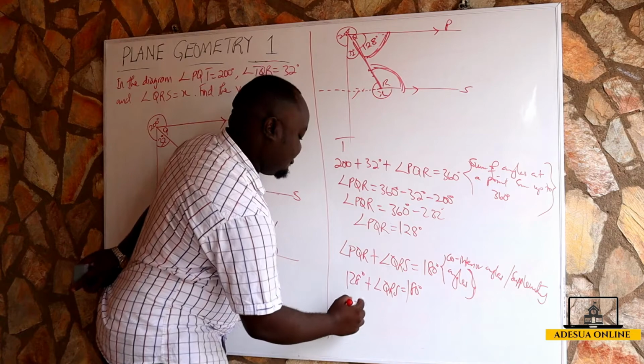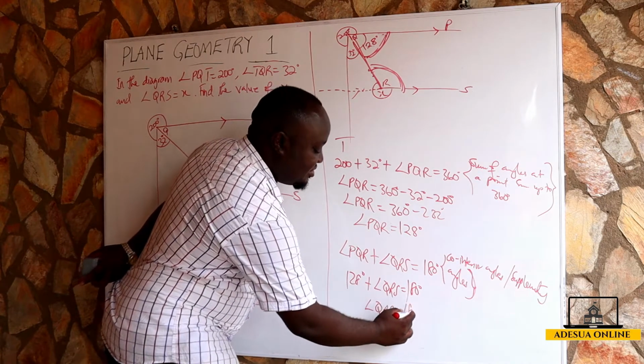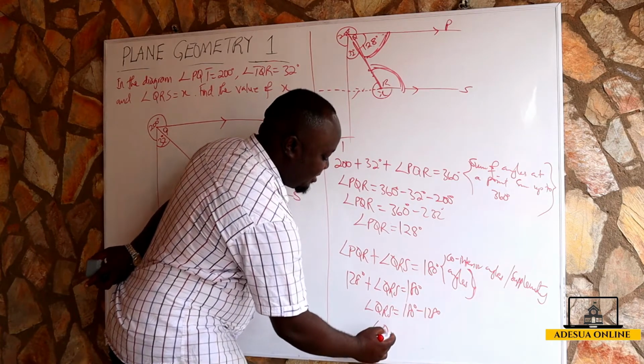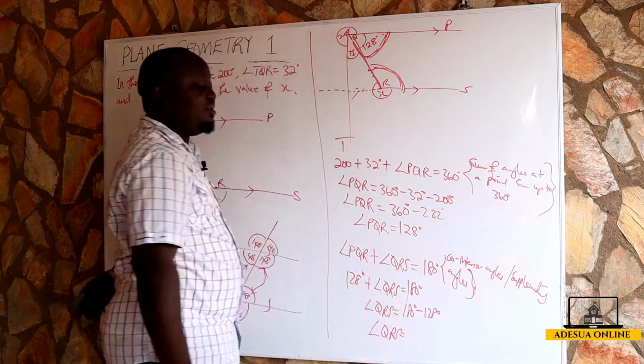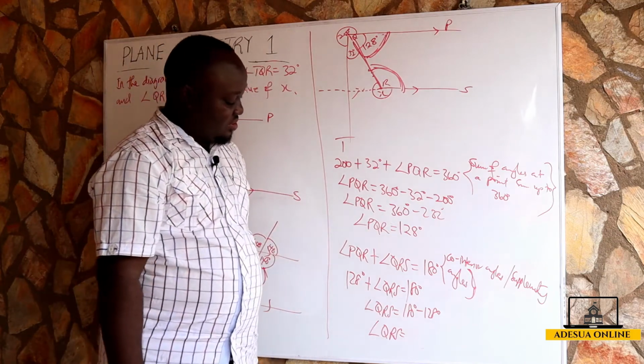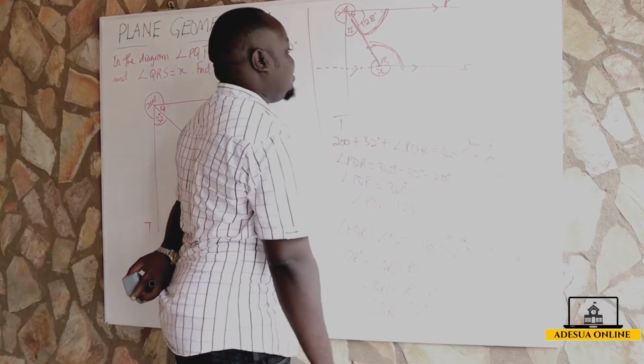So we shall have angle QRS to be equal to 180 degrees minus 128 degrees. So what is the angle QRS going to be? Angle QRS is going to be 180 minus 128, which is going to give us 52 degrees.